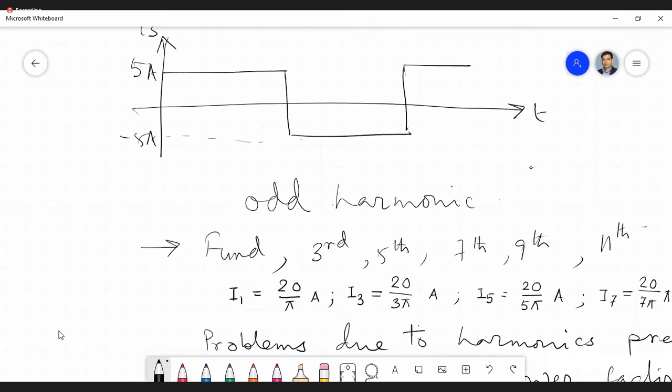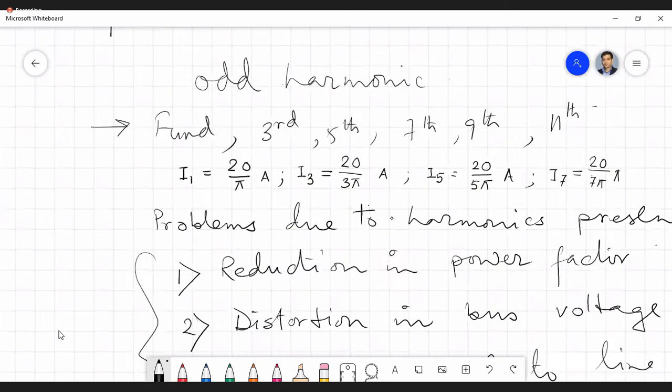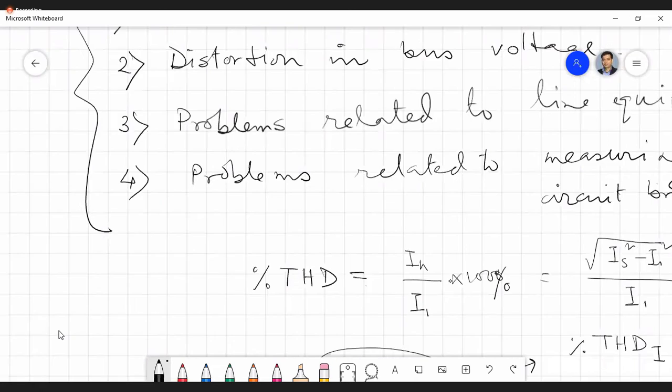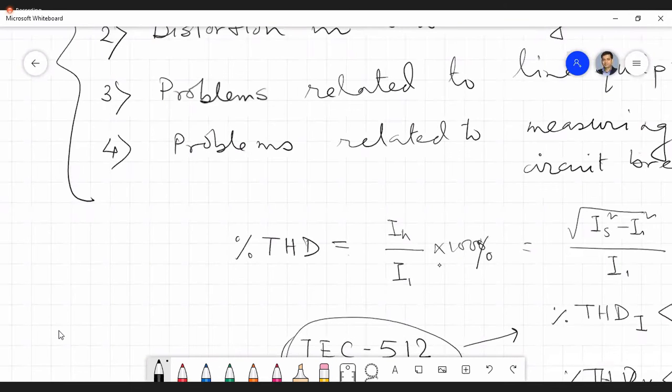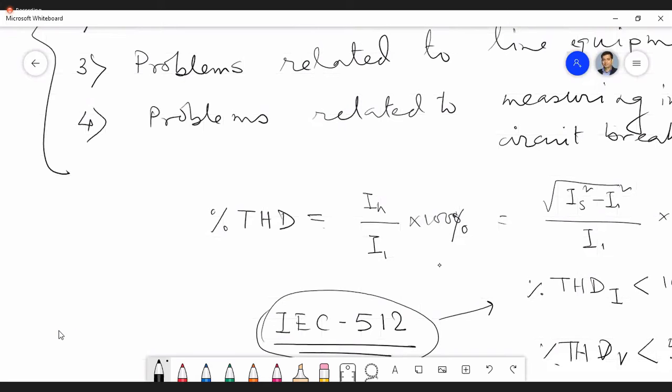Okay, and one definition we had in the last class, that is the total harmonic distortion, and that is a very important criterion. And we mentioned some standards. There are two different standards.